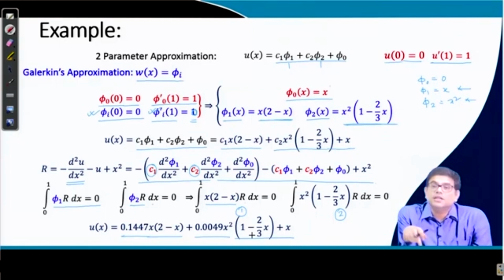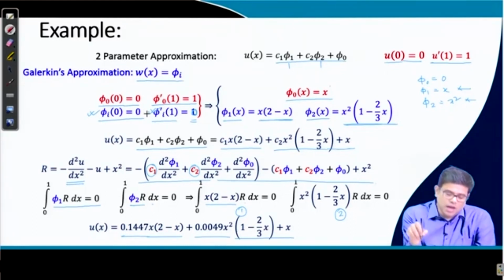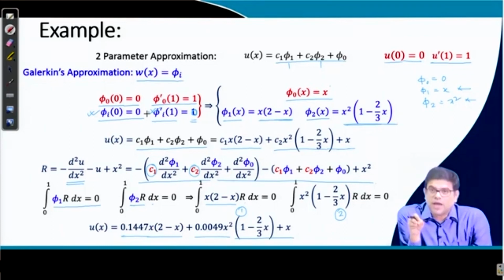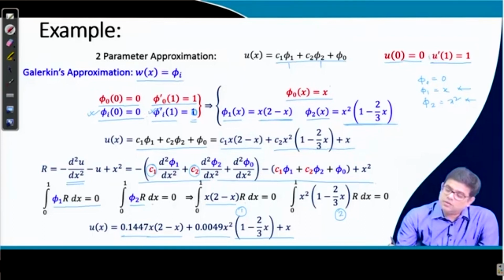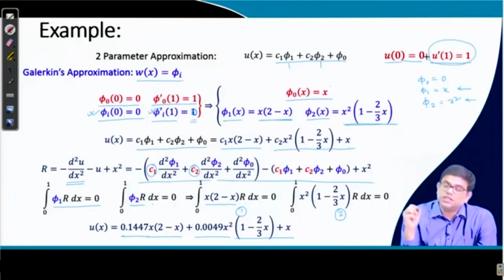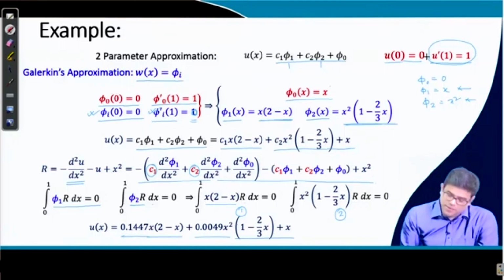So obviously this Galerkin method requires higher order differentiability, and there is another important thing here: the phi i's and phi 0 need to satisfy the non-homogeneous Neumann condition here also, because the Neumann condition doesn't appear in this equation.